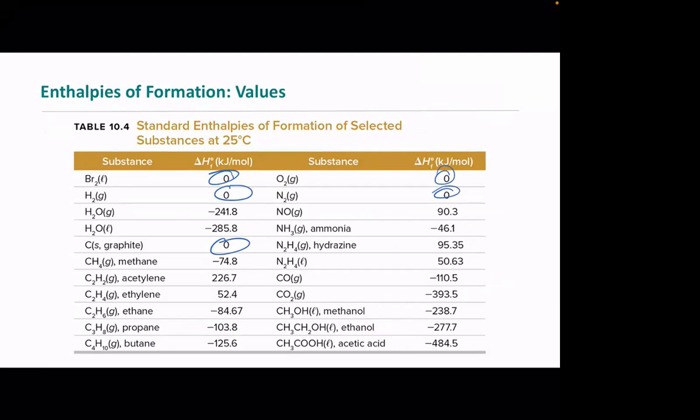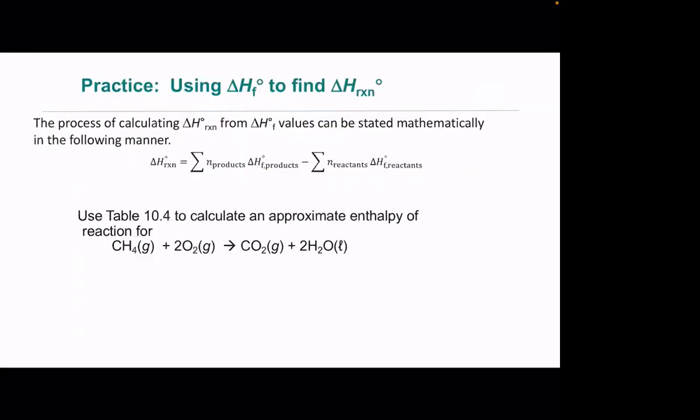These are values of formation, the energy associated with forming that substance from its elemental constituents. As a result, you can use those with this equation to solve the enthalpies. Another way to get the enthalpy of a reaction.